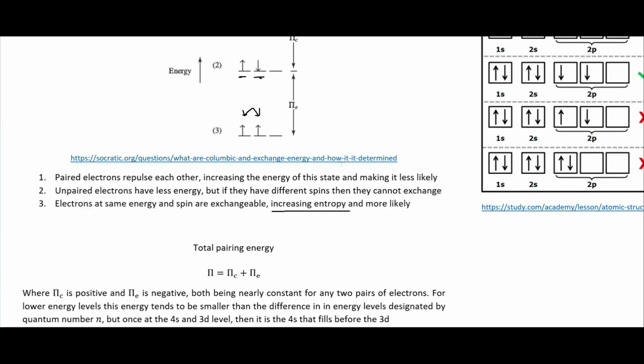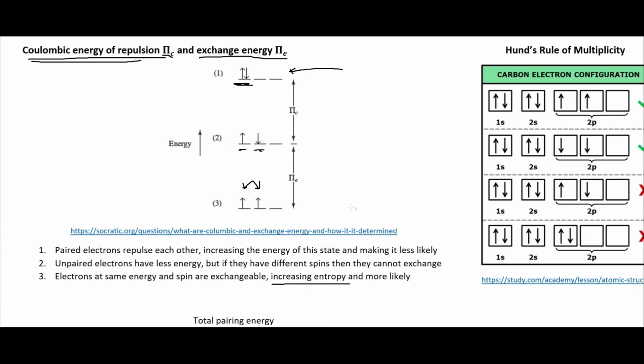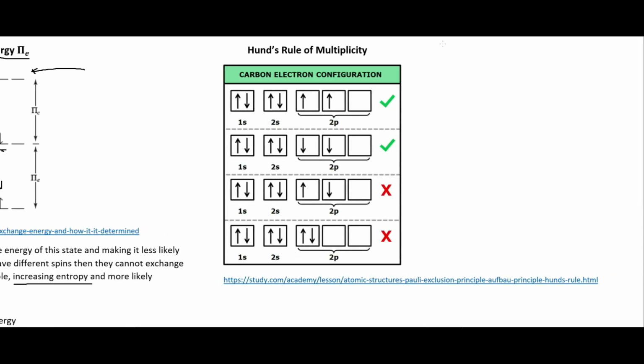And so this leads to what's called Hund's rules, where the electrons are going to want to go into separate orbitals with the same spin, because that's going to be much more likely because it's less energetic.